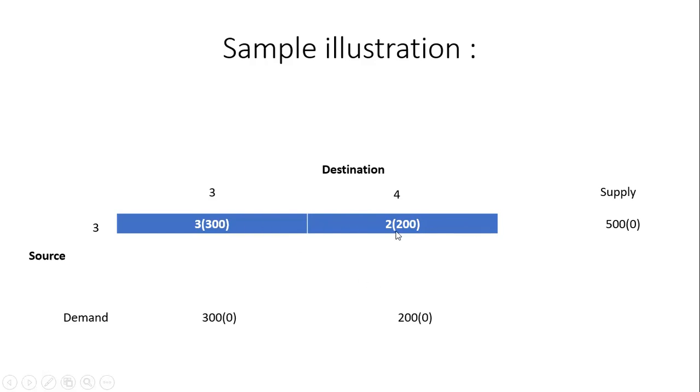Now you add these two values, 300 plus 200, 500. So already here supply 500 is there. So 500 minus 500, totally 0. So now we are eliminating the row and column. So it is a balanced transportation model. So this is the last iteration of the problem.